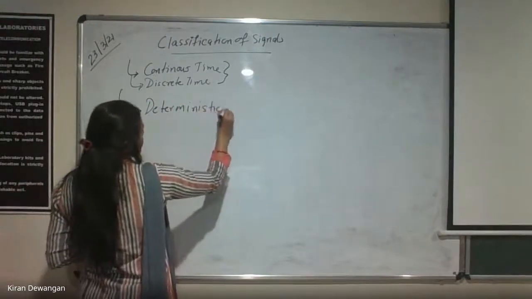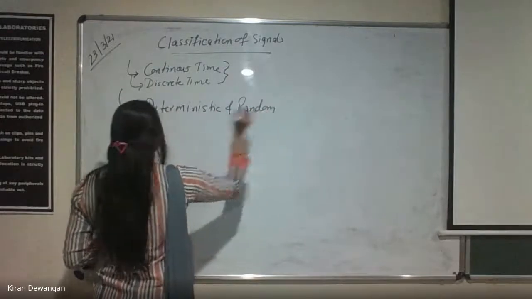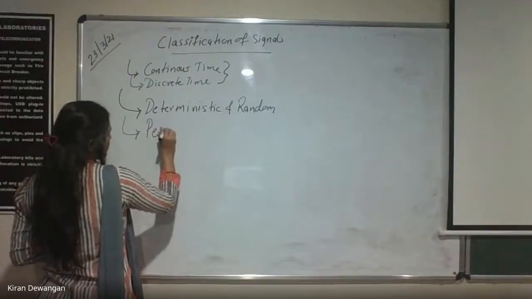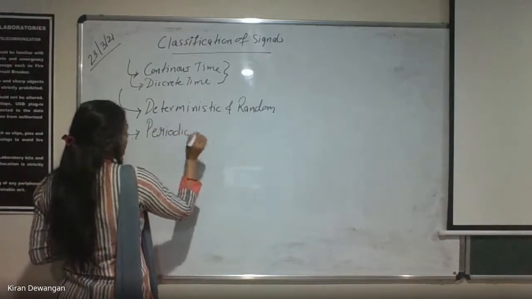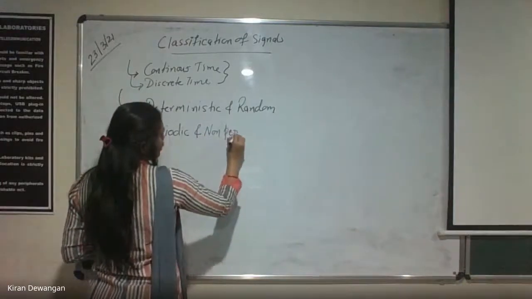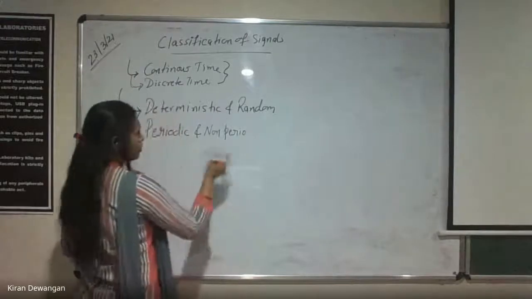The first, write down, deterministic and random signal. Second is periodic and non-periodic. Non-periodic is also called as aperiodic. Aperiodic or a non-periodic.